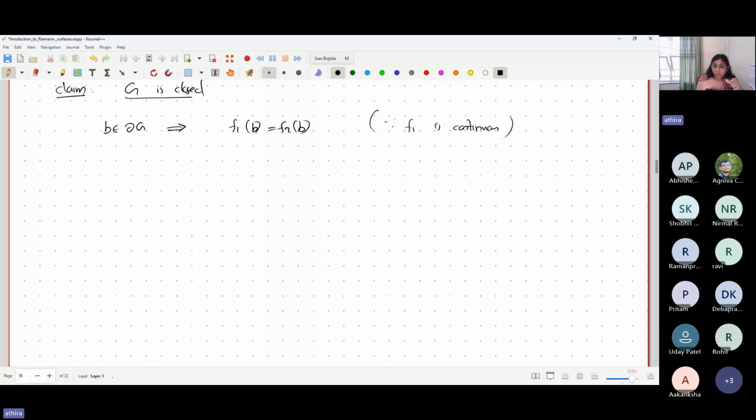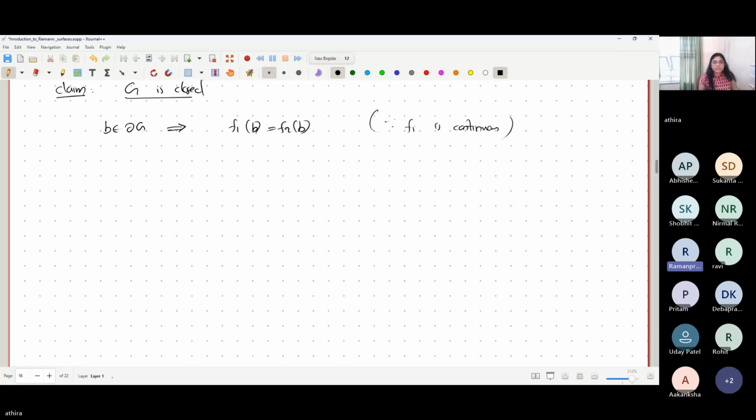We are giving more constraints, maybe to satisfy some theorems. Here also in a Riemann surface, we are taking the manifold to be connected, maybe to satisfy theorems of the complex plane. Exactly, connectedness is going to be a useful tool in the proof of this theorem.